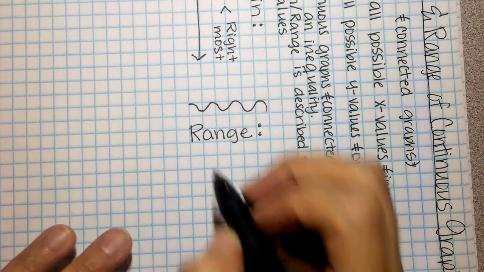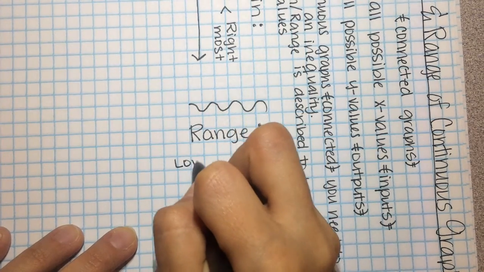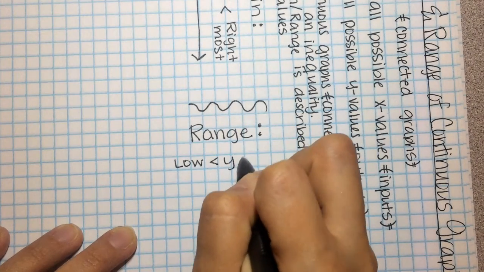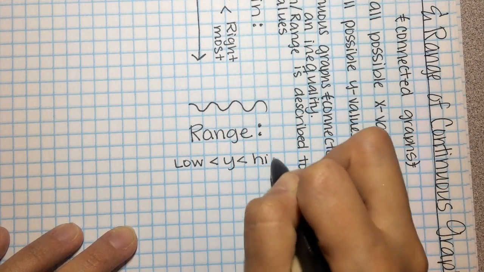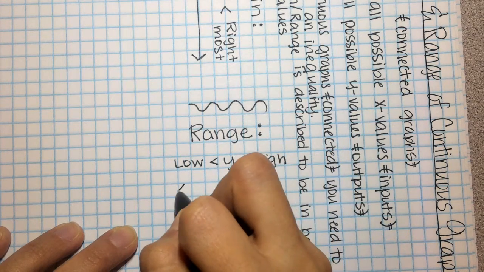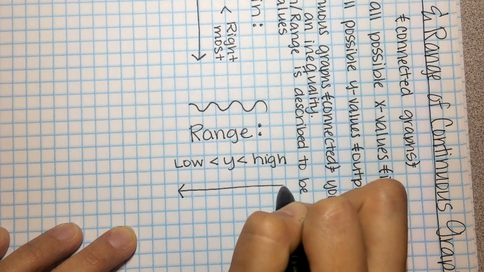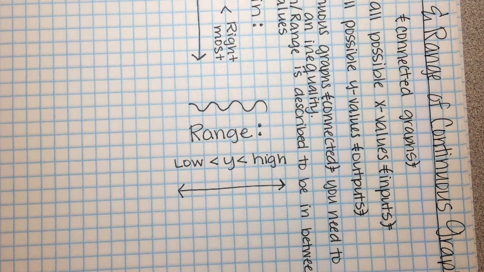So range would be from low is less than y, less than, to high, because my y-axis goes up and down. Low to high, left to right. And I'll flip it back the right way here in a little bit.